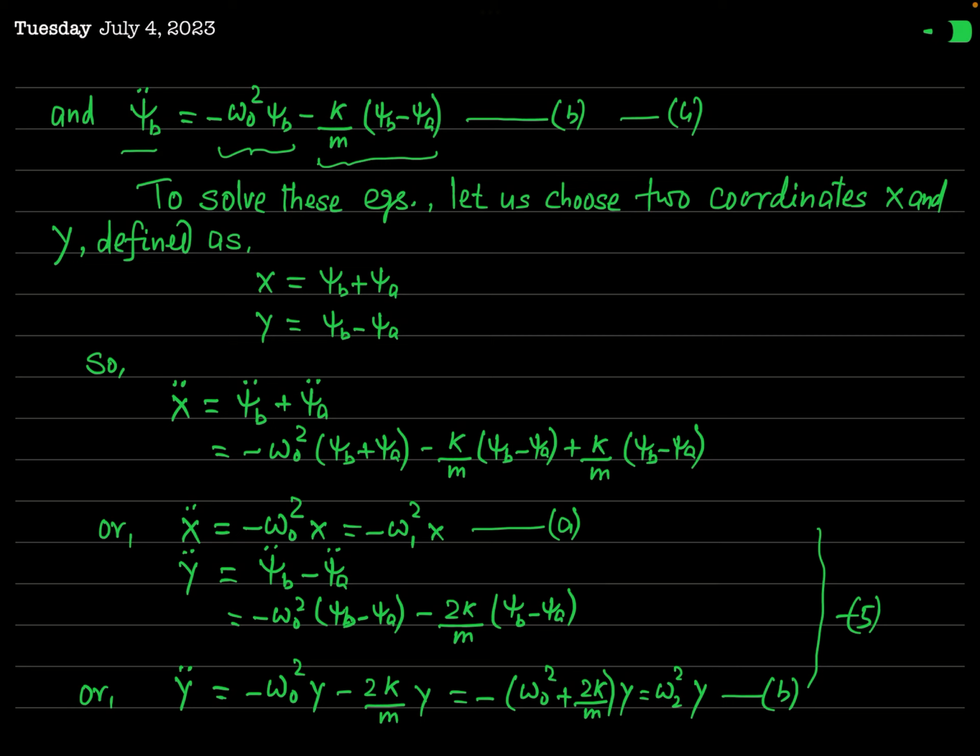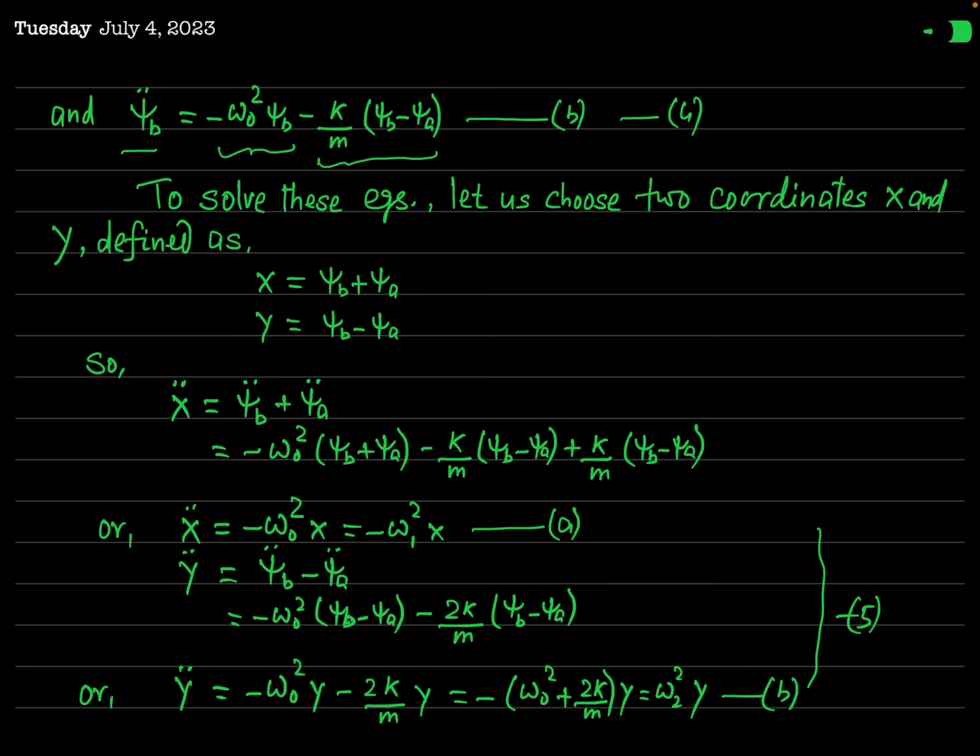Now see these two equations of motion seriously, and if your aim is to solve these two equations, then in order to find out the effect of coupling on each pendulum, these equations must be solved for psi A and psi B. But instead of solving these equations directly, we shall choose two new coordinates, because when you choose two new coordinates, the solution will become very easy, very convenient.